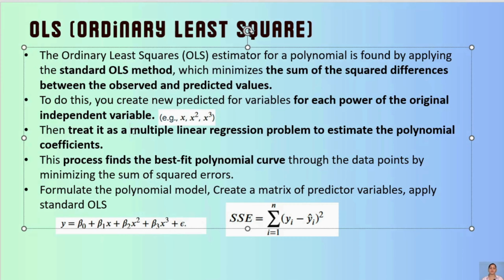When you're talking about linear regression, we are finding the best fit line. And in the case of polynomial regression, we are finding the best fit curve. And how are we finding it? We are finding it through the data points by minimizing the sum of squared errors.